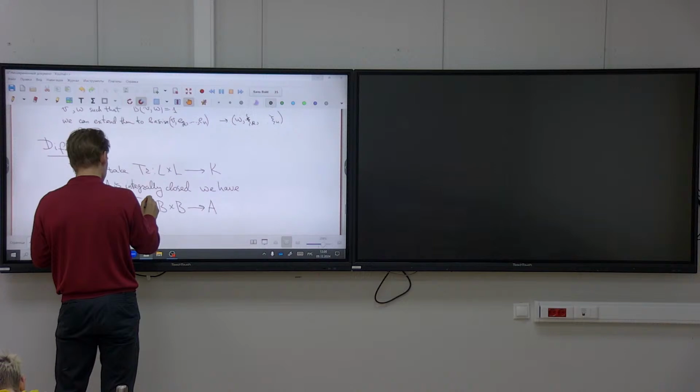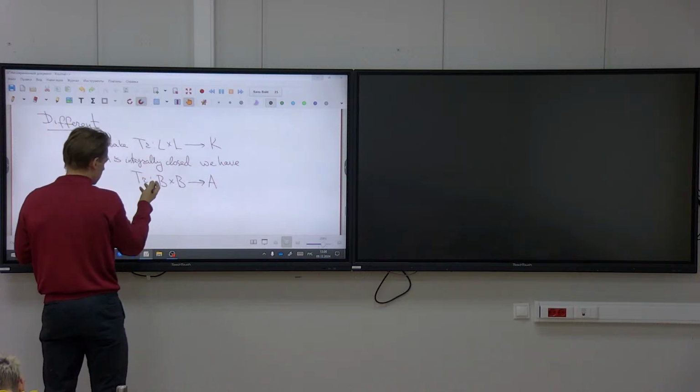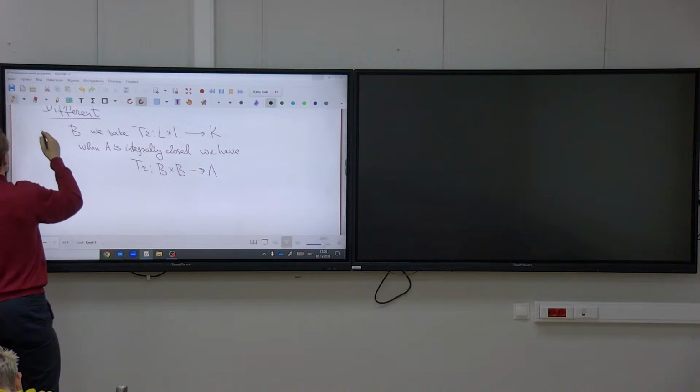Now the discriminant actually gives you a fractional ideal.